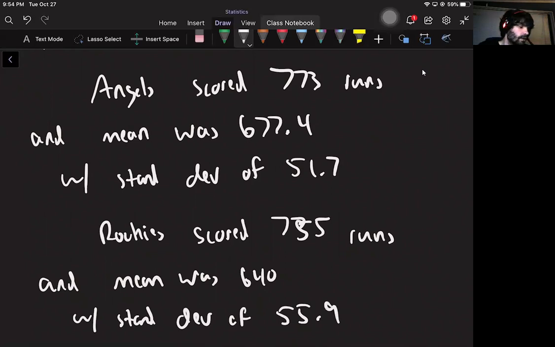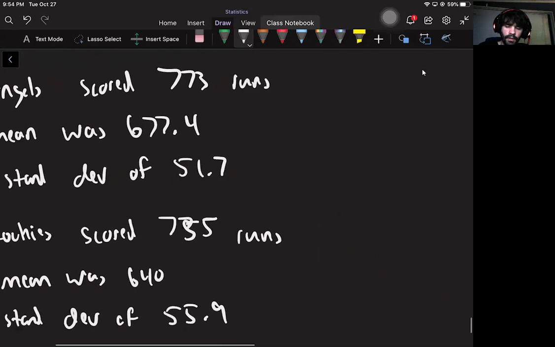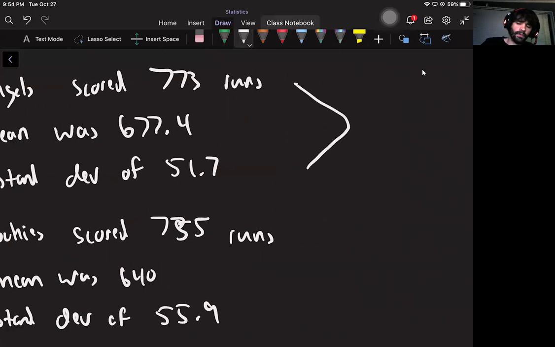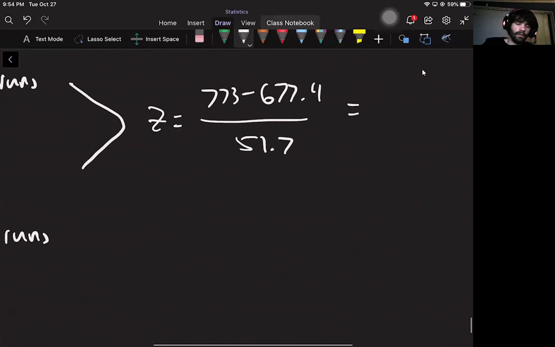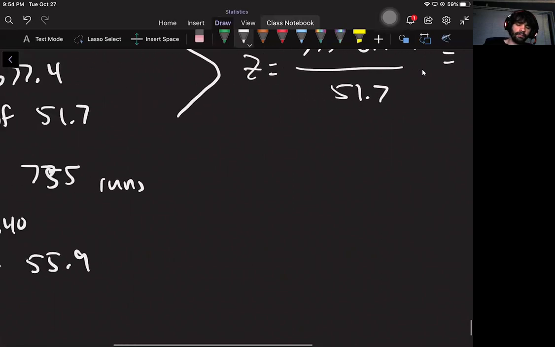So who was better in their own league? We can think about it in terms of z-scores. For the Angels, the z-score is going to be 773 minus 677.4, divided by the standard deviation. Doing it a little quicker now that we're used to it, and you get 1.85 if you use a calculator.